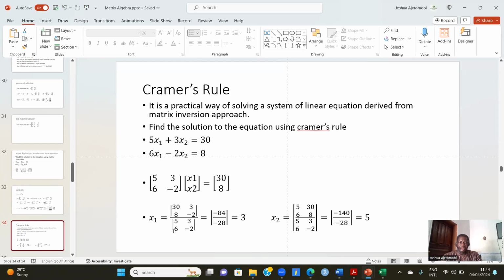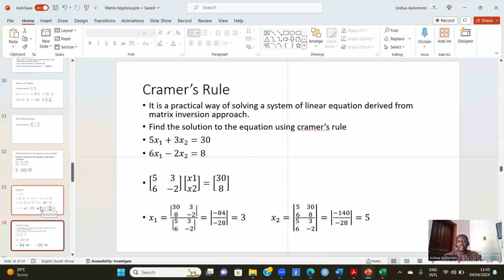And the denominator is the same, because that is just the determinant we have calculated. That will give us minus 140 over minus 28, which is 5. So this is faster and more straightforward.